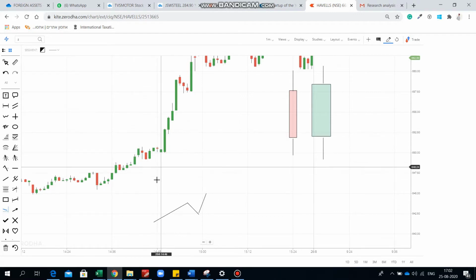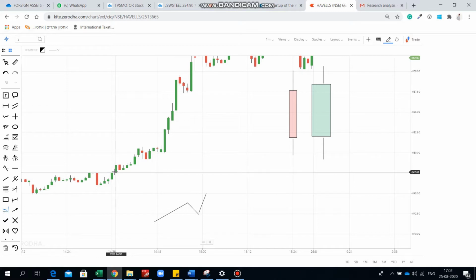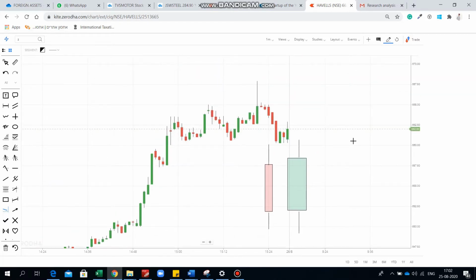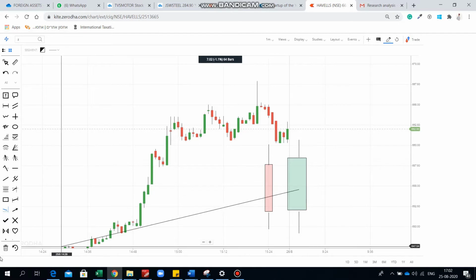That's the reason we use candlesticks. In candlesticks we can find out in different time frames when the price had opened up, what high it made, what price it closed at, and what low it had made. So if you are trading, always trade based on the candlesticks only. Don't go for any other trading style or chart frame.